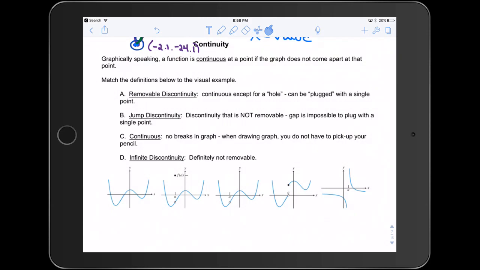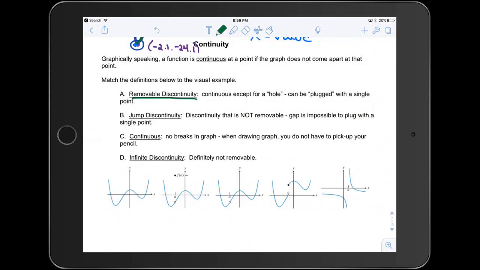Now, there are all sorts of situations where it's not continuous, and we have them listed down here. It says match the definitions below to the visual example. Letter A, we have this thing called removable discontinuity. So if it's not continuous, it must be discontinuous. And in this case, letter A, it's removable discontinuity.